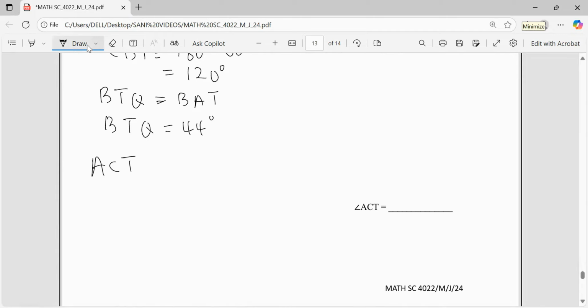ACT equals 180 degrees minus (22 degrees plus 120 degrees). So this will give us 38 degrees. So angle ACT is 38 degrees.